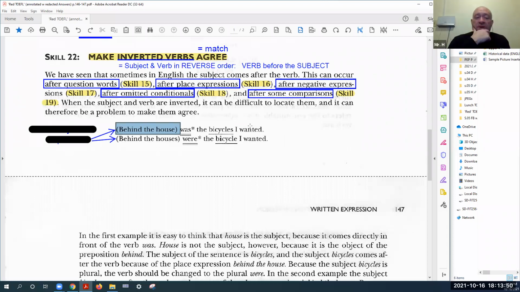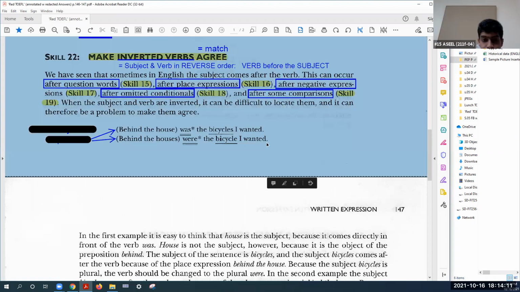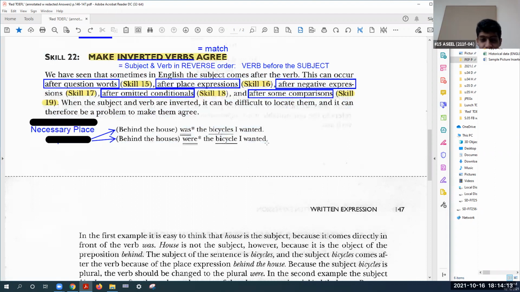Do you see it up there? Behind the house? Yes, skill 16. Place expression. Okay. Behind the house is a place expression. Can you read that, Asil? What does it say? Necessary place expression.